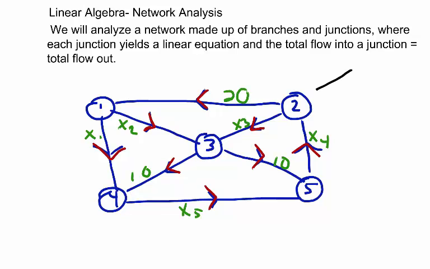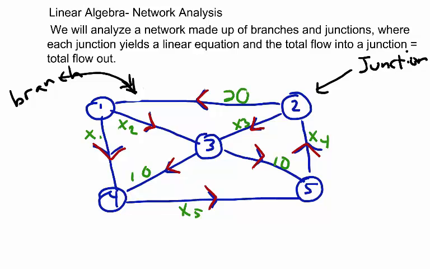So recall, this would be a junction, and all of our circles here represent junctions, and this would be an example of a branch. And these connecting lines between our junctions represent branches.